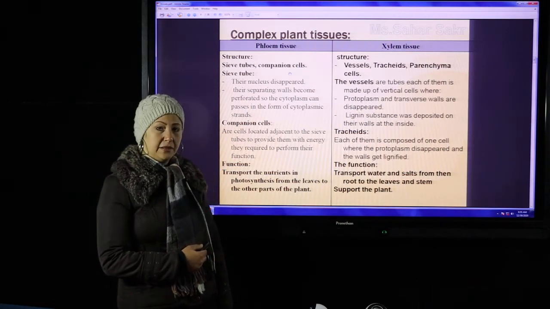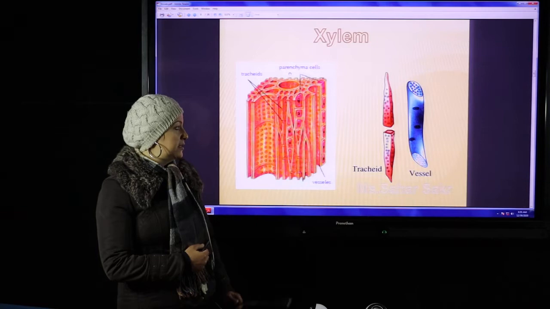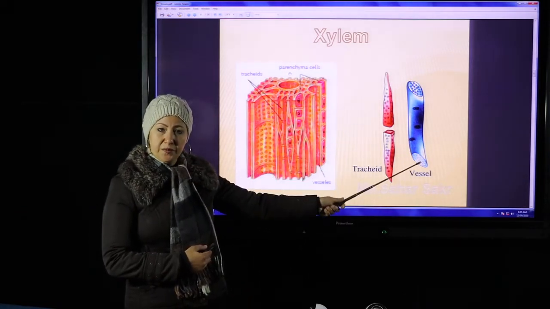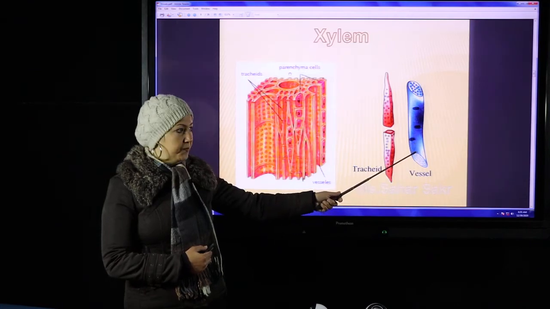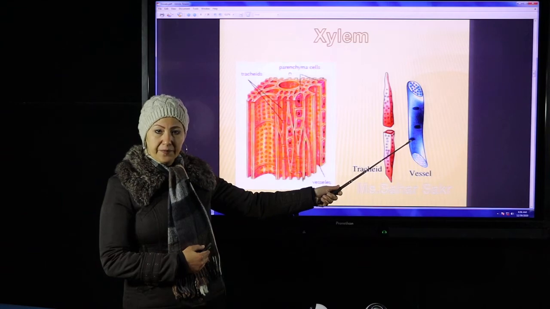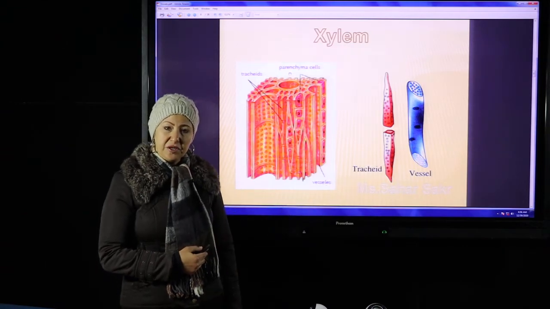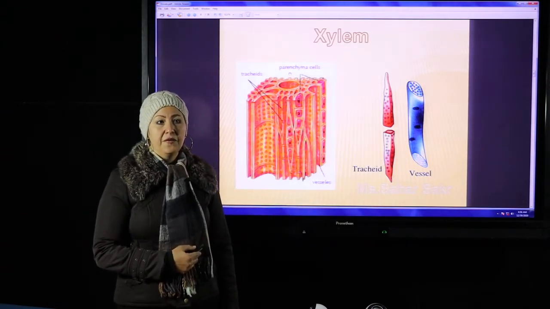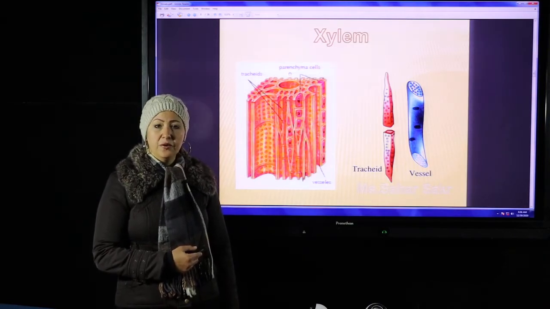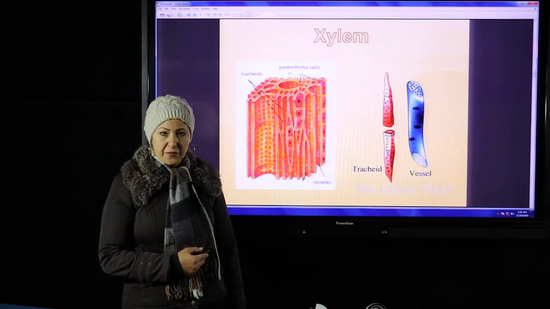About the xylem vessels. This is the shape of the xylem vessel. It looks like a hollow tube. The question now: how does this tube form? During the formation of the xylem vessel, they form from a group of cells arranged above each other.